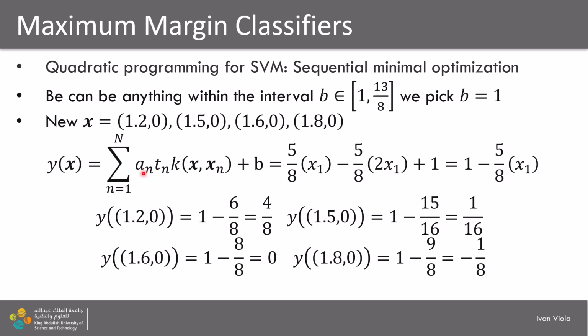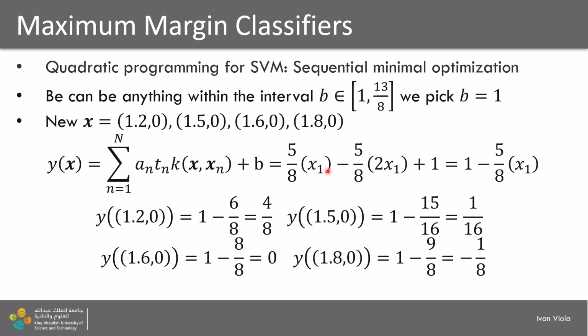For the other points, for n equals 2, a2 is 5/8 times 1 times the kernel, which is the dot product between the point we will be testing and x2. That is in fact 1, because it's the x1 component of this vector.